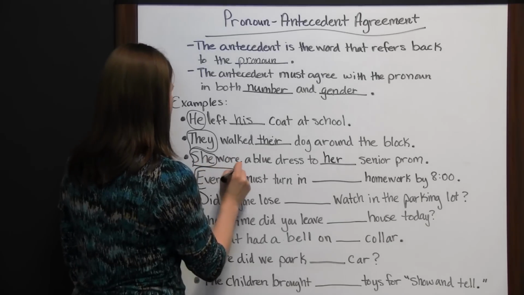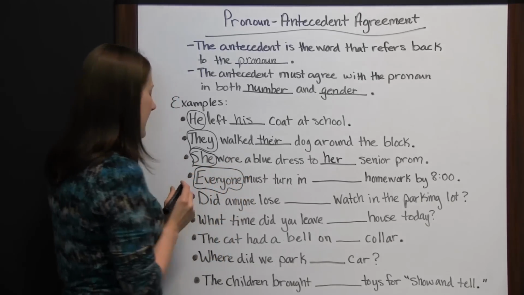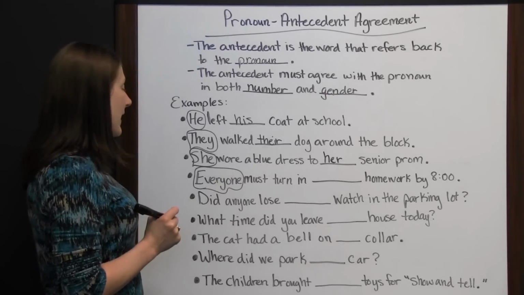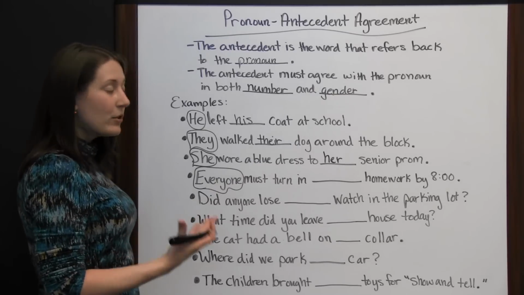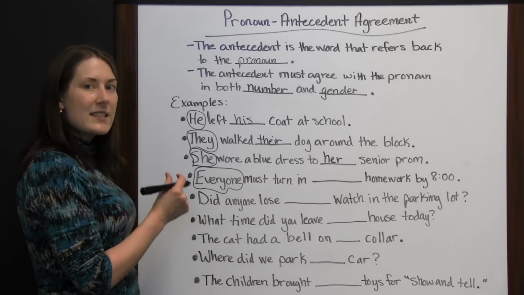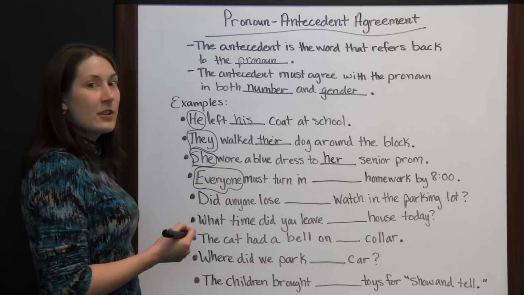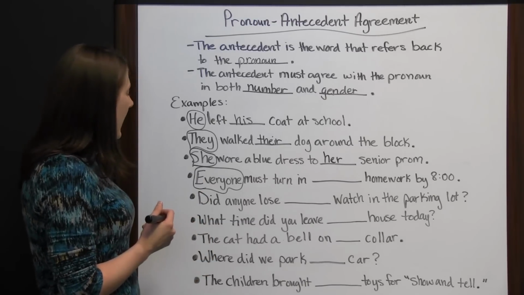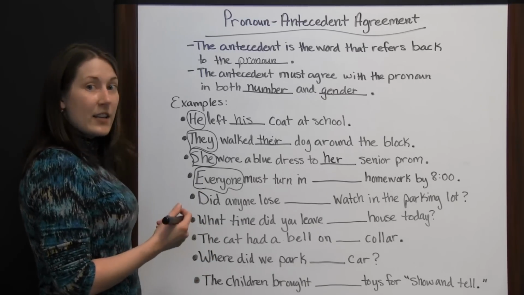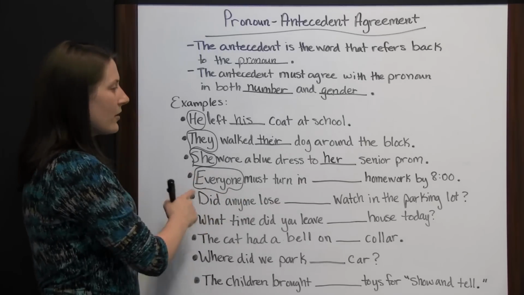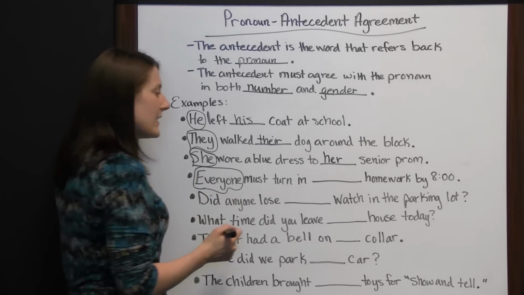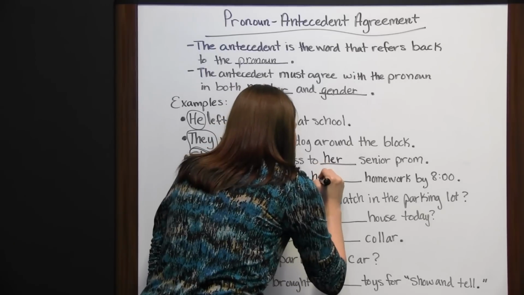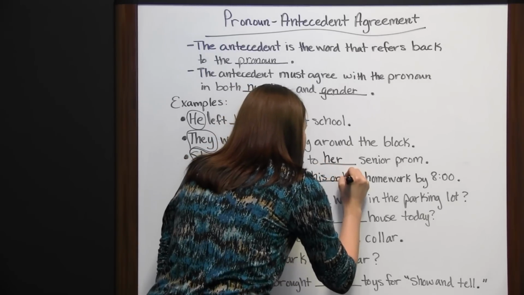Our pronoun is everyone, and this one's a little trickier because everyone, while it's talking about multiple people, is actually a singular pronoun. It's considered singular, and it goes with a singular verb. So we need a singular antecedent that is also gender neutral. So in this case, we have to do his or her.